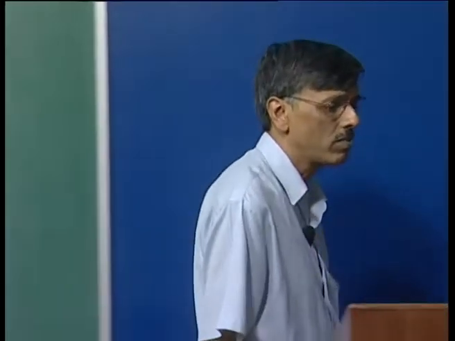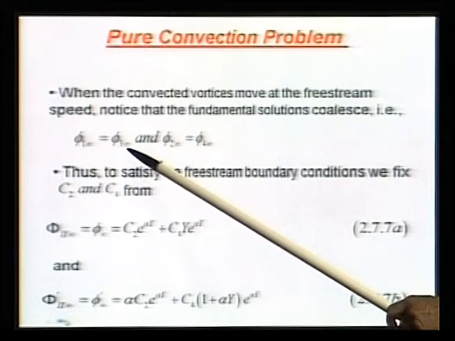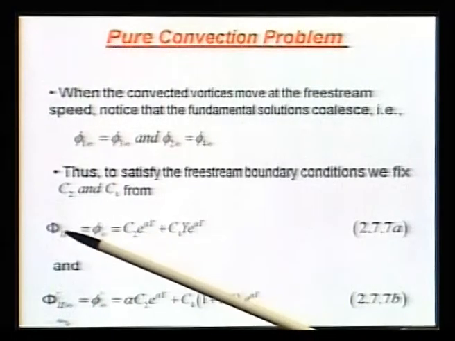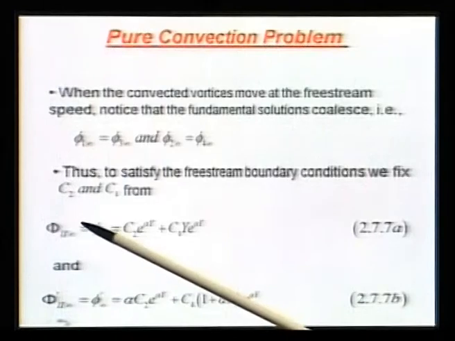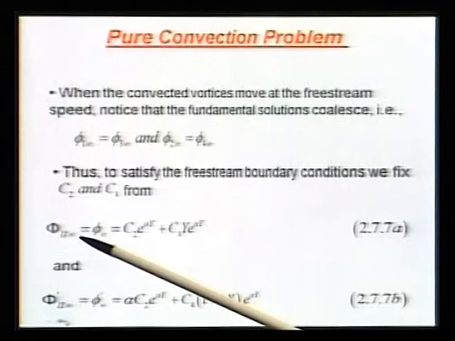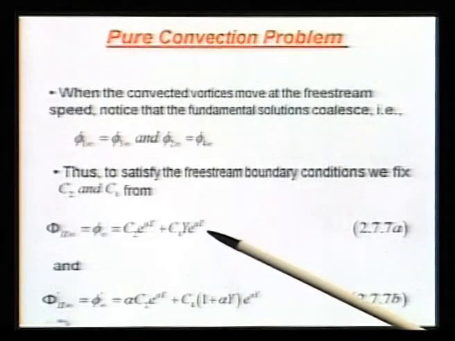So this mode coalescence has to be kept in purview. We are looking at the pure convection problem: if the vortices move at free stream speed, then phi 1 infinity equals phi 3 infinity and phi 2 infinity equals phi 4 infinity. All of you convinced? If you are, then we can write down the free stream mode at the free stream. I will write phi II evaluated at y equal to infinity, and that is nothing but phi infinity itself, given in terms of this.